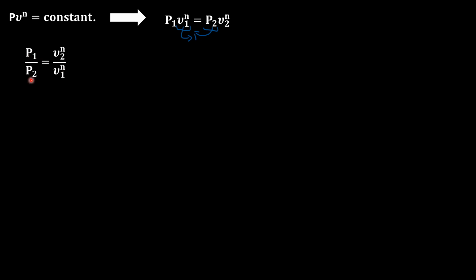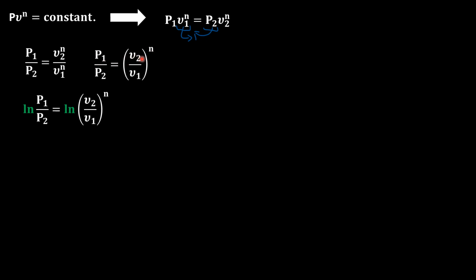Now we are given these values, and what we want to find is the n value. Pressure 1 divided by pressure 2 equals specific volume 2 divided by specific volume 1, all to the power n. And we're going to take the natural log on both sides of the equation. So that's what we did in here.